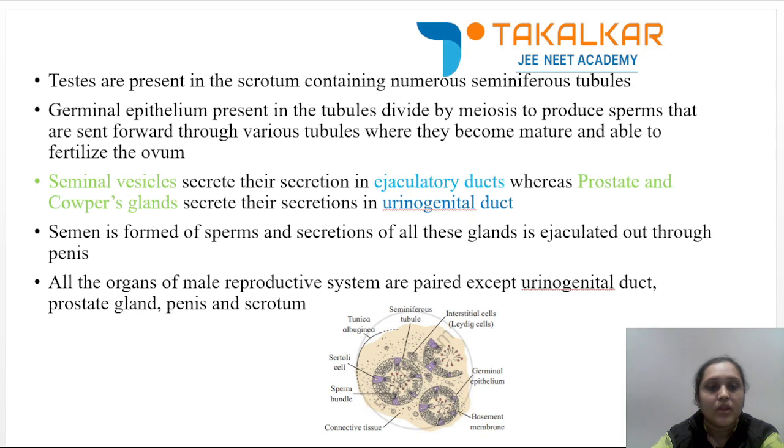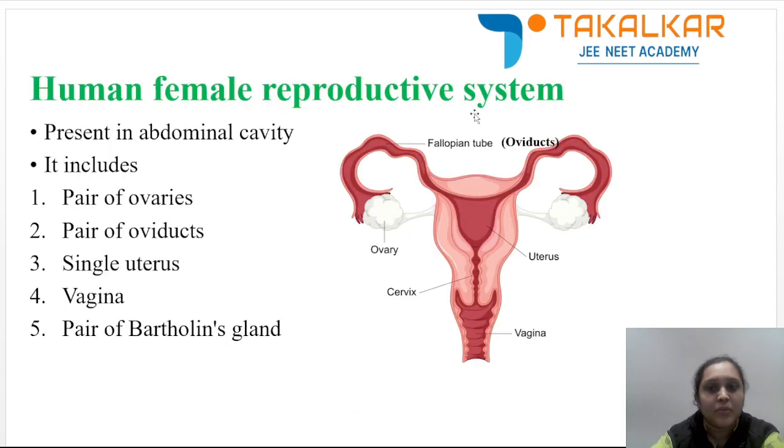scrotum. In the case of the human female reproductive system, there is a pair of ovaries, a pair of fallopian tubes, which is also called the oviduct, a single uterus, vagina, and a pair of Bartholin's glands. These ovaries are called the essential organ because they are responsible for the formation of oocytes, that is, the egg gamete.